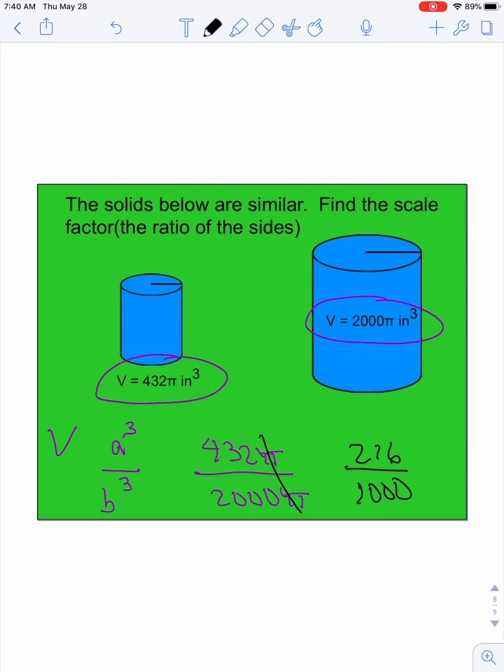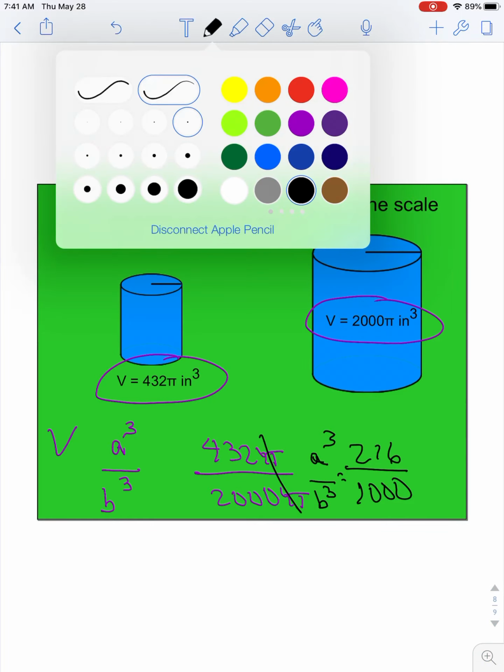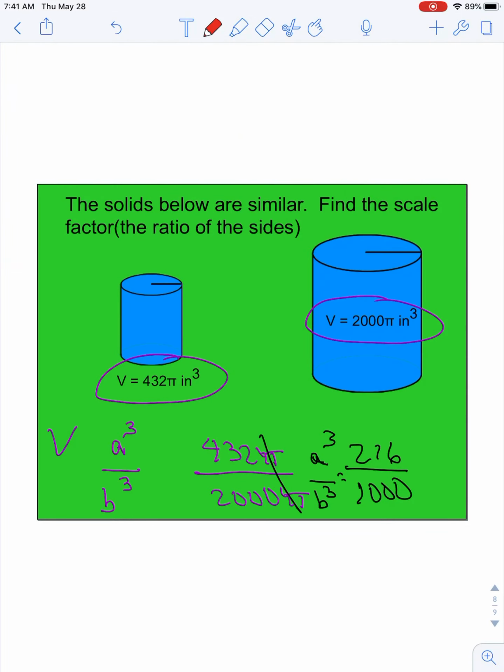I can probably keep cutting them in half, but I notice that this is equal to, again, our A cubed and our B cubed. So how do I find what number times itself 3 times equals 216? I'm going to need to take the cube root. So what I do is I take the cube root of each of these, which gives me 6 over here, and it gives me 10 right here.